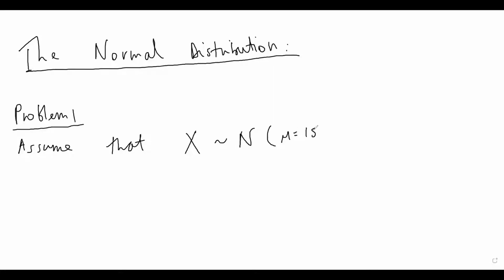So mu is equal to 15 and a standard deviation, sigma, of 3. Suppose that X is normally distributed with a mean mu of 15 and a standard deviation sigma of 3.